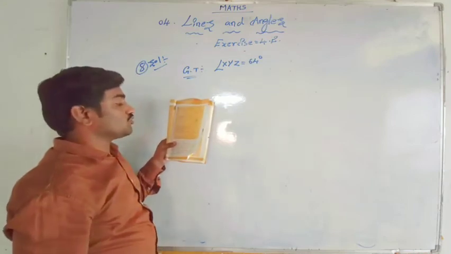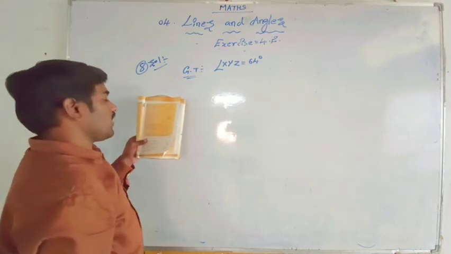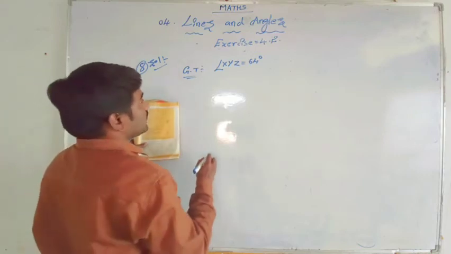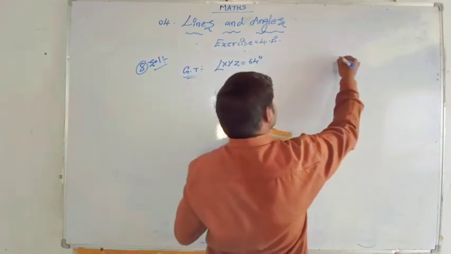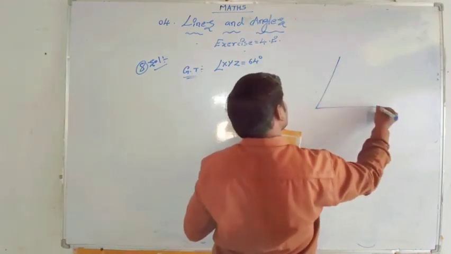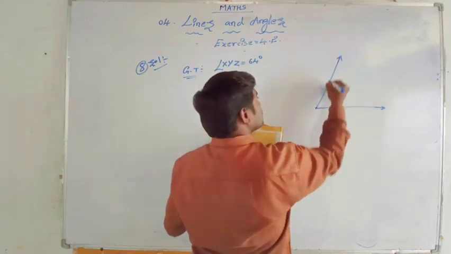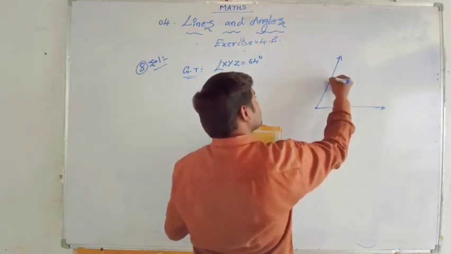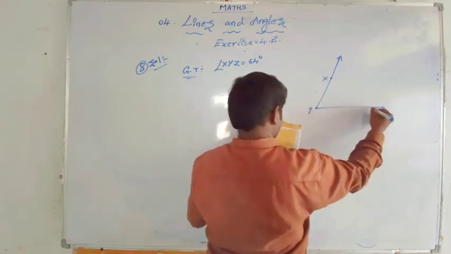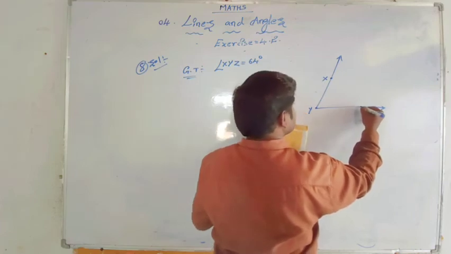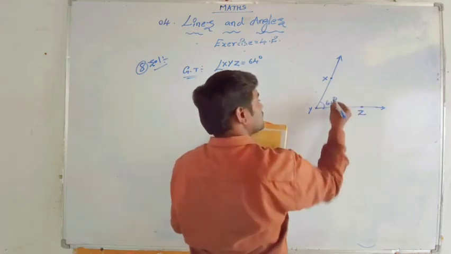XY is produced to point P. Okay, angle XYZ. Let us draw an angle first. Suppose here X, here this Y, and here Z. So XYZ equal to 64 degrees.